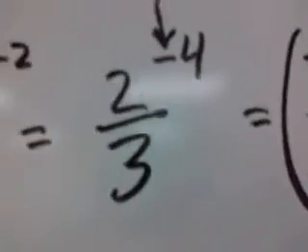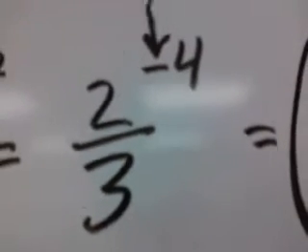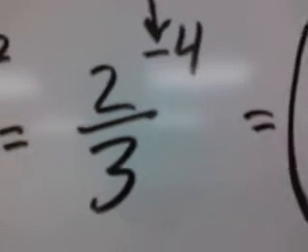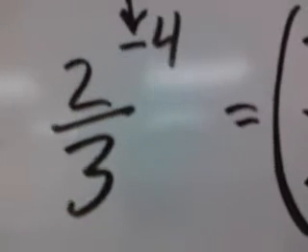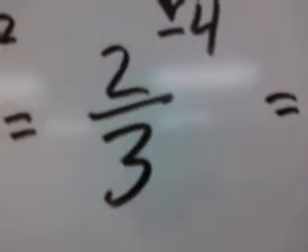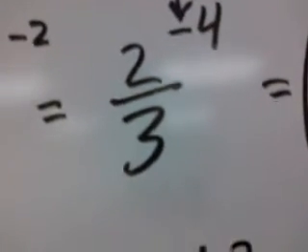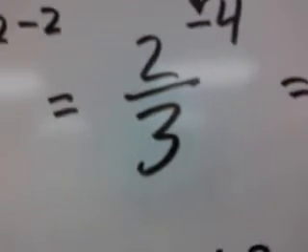Now, what does a negative exponent mean? From your study of algebra, you learned that negative exponents mean that you have to take the reciprocal and make the exponent positive. Or you have to flip the fraction and make the exponent positive. So that's what I've done in the next step. If I flip 2/3, it will become 3/2.